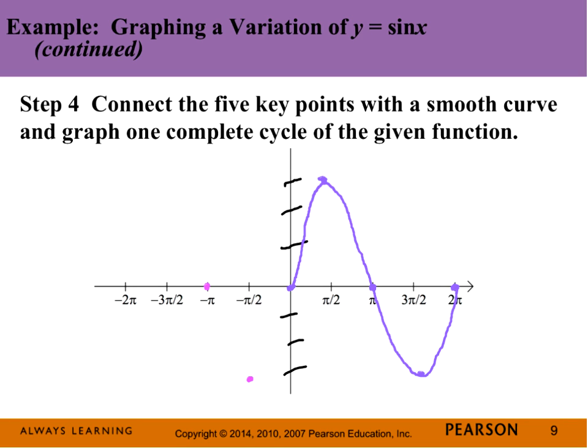So to finish off the graph that they ask for, that's what it would look like. The purple part is the full period, the full cycle there, and then the pink part is just continuing the function through the domain that they ask us to graph it through.